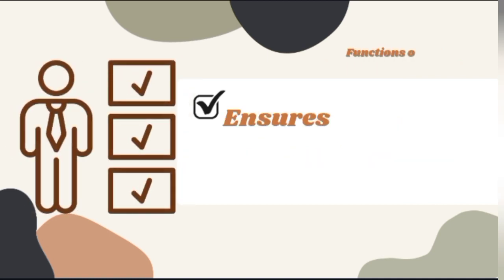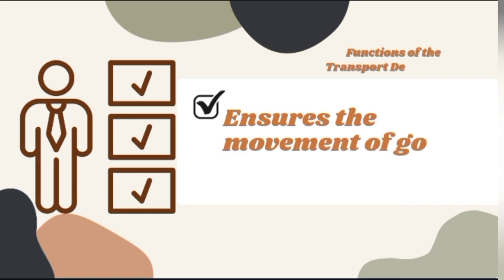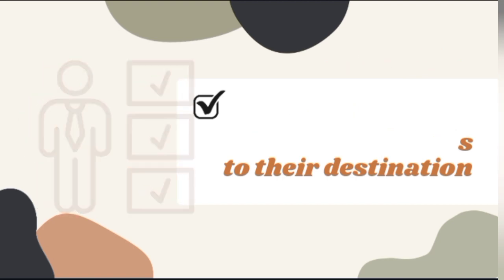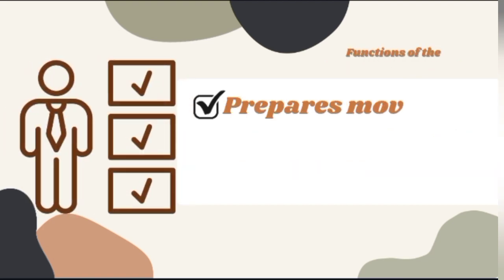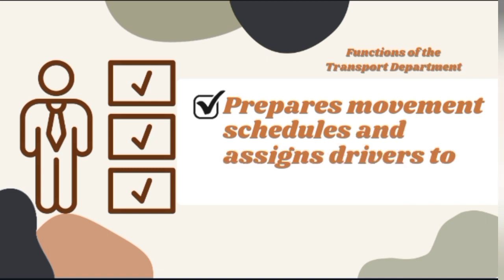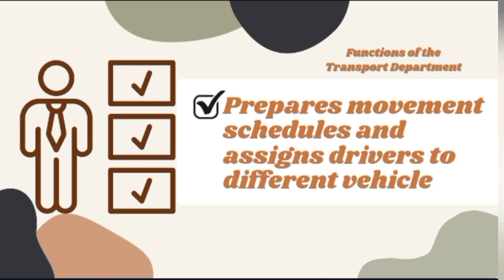And then they also ensure the movement of goods to their destination. They are in charge of delivering goods to the customers or consumers. And then they also prepare the movement schedule. They make sure that each driver or each vehicle is going to a particular destination, so they prepare the movement schedule and assign drivers to different vehicles.